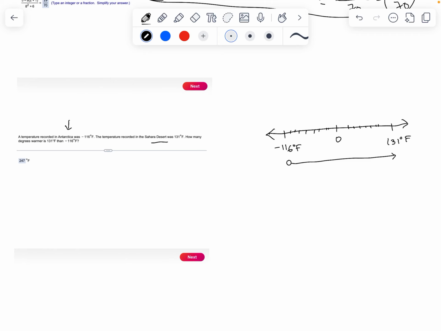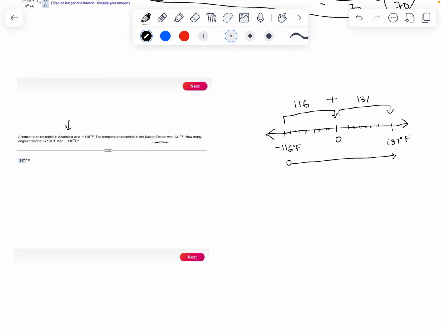Since we are at negative 116, from negative 116 to 0, you have to go 116 units. And then from 0 to 131, you have to go 131 units.